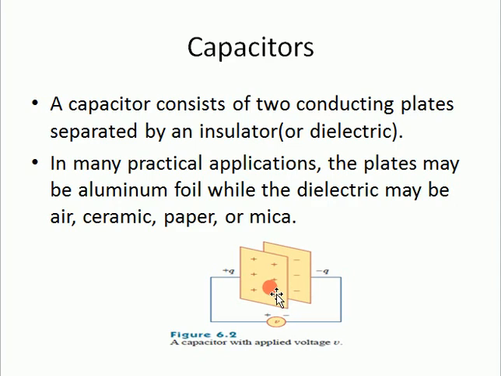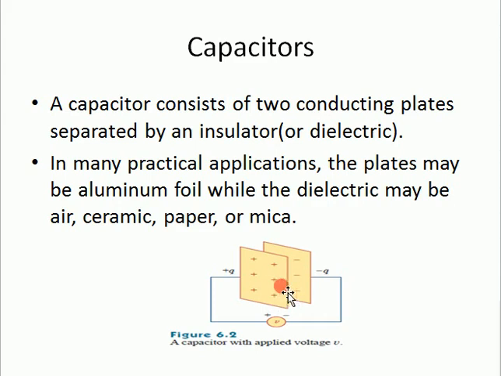It is placed here because these two plates are oppositely charged. According to electrostatics, opposite charges attract each other. So if there is no insulator or dielectric, then these two plates will attract each other and combine with one another.